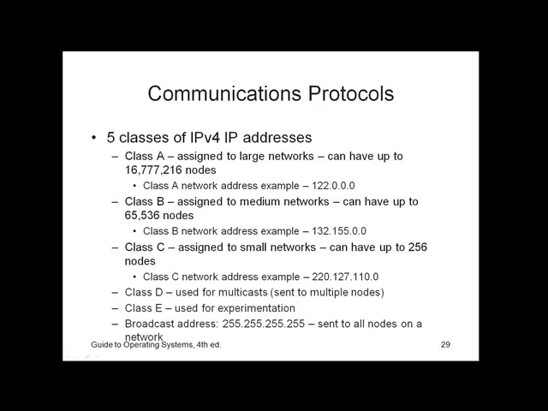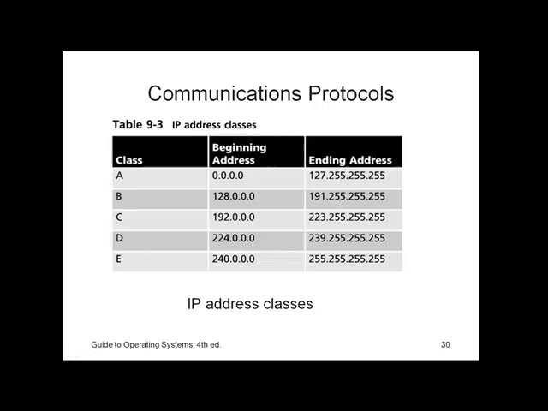Now, 255.255.255.255 we refer to as the broadcast address, and that is sent to all nodes on any particular network. This table, 9-3, shows a breakdown of each of the 4 particular addresses, as well as their ending addresses.